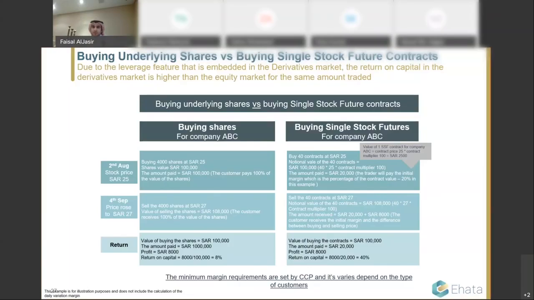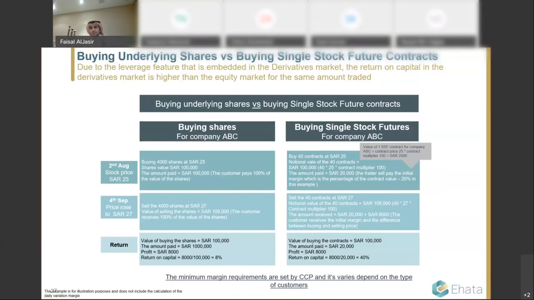So your exposure now is 100,000: that's 40 multiplied by the price, which is 25, multiplied by the multiplier. But the beauty of this is that you just need to put around 20,000.